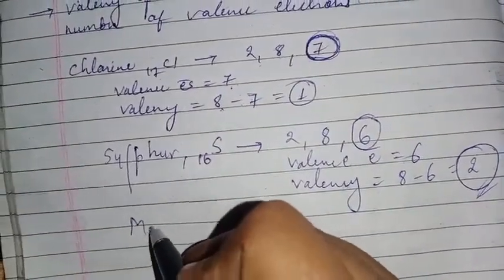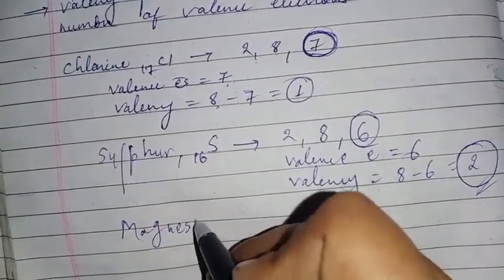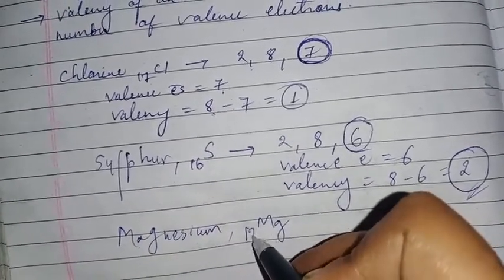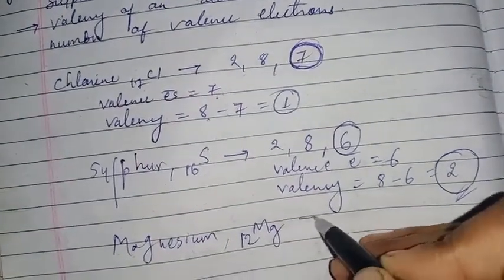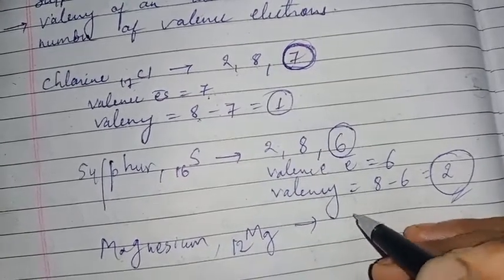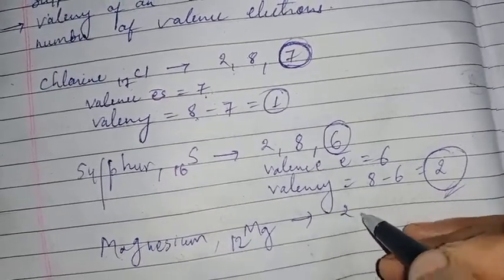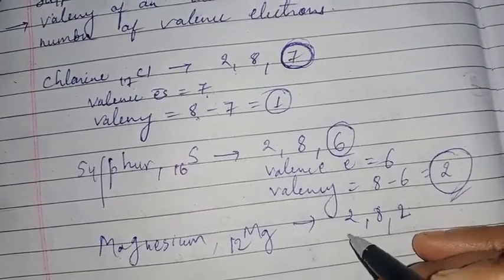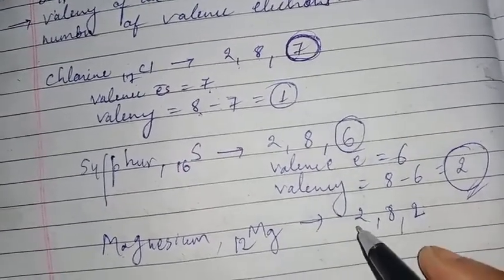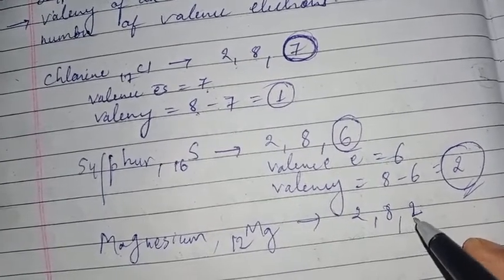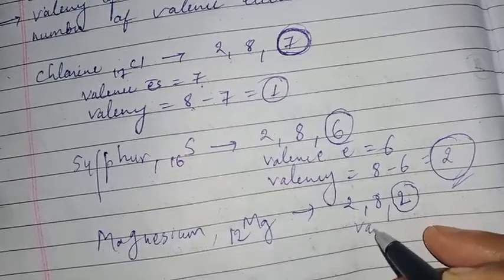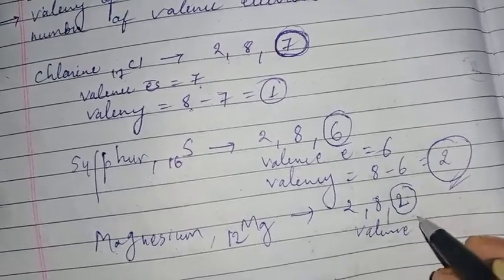Then comes magnesium. Again, what is the atomic number of magnesium? It is 12. So there are 12 electrons in total in a magnesium atom. So 2, 8, 2. Total 12 electrons. So that's how the electronic configuration can be written. Here you can see 2 shows the number of valence electrons.